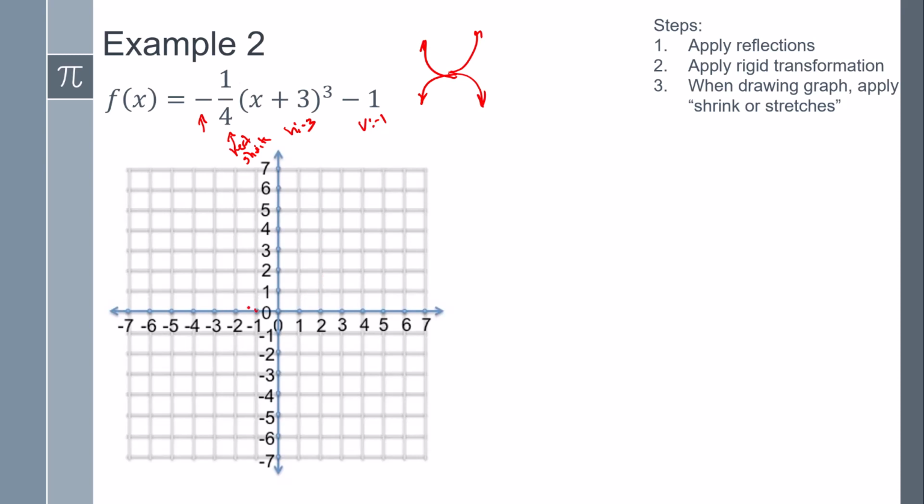And then it's going to move over 3 spaces and down 1. So that's the original. But then we said that this is a vertical shrink. So imagine if this graph got pushed. If it did, it would look like it got pushed down. It makes it look a little wider.